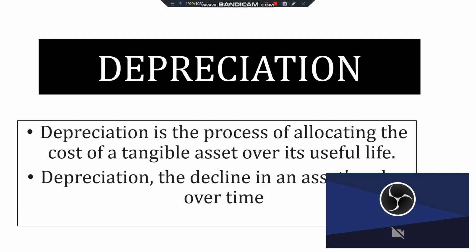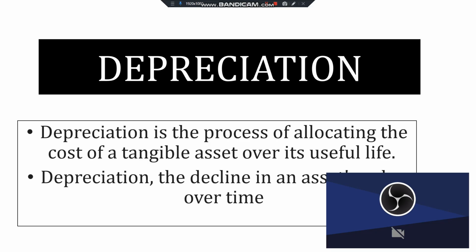Without adding depreciation, the real profit and loss of the company will not be judged. So it is very important to add depreciation in books of accounts, and for that reason we are finding the depreciation cost of the asset.